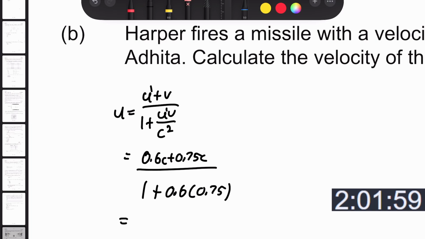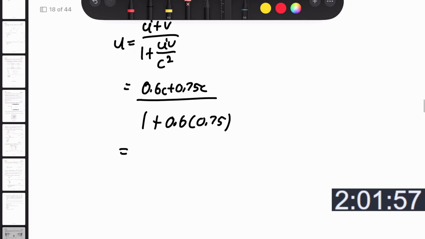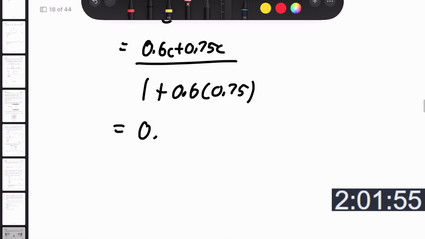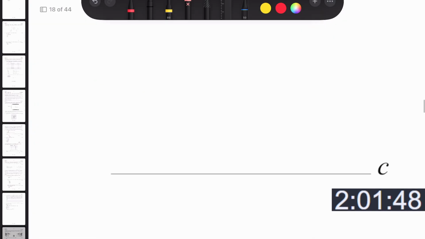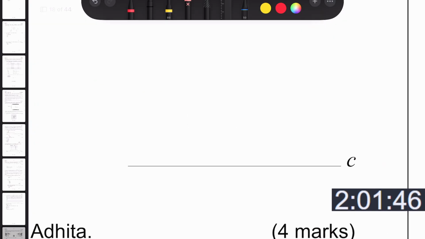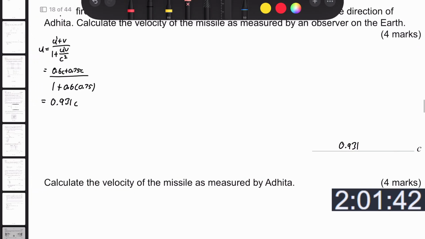So as measured by Earth, it's 0.931 c. Calculate the velocity of the missile as measured by Atar.